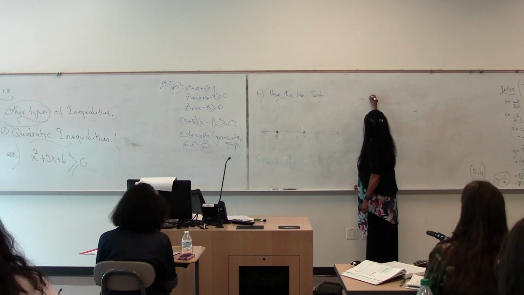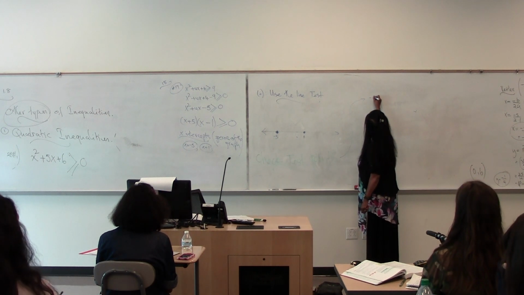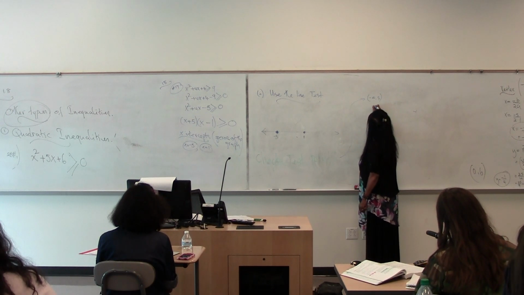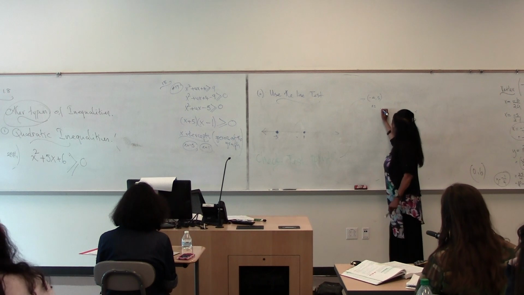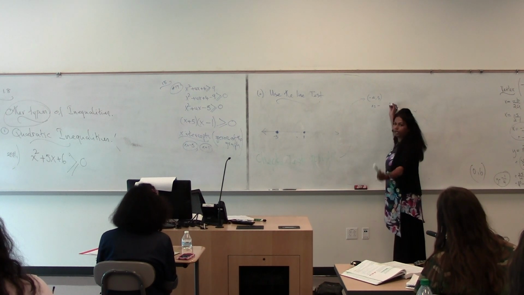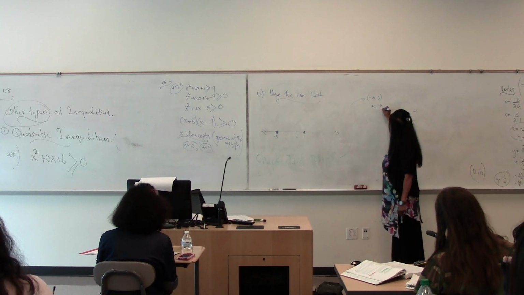So there are 3 cases. -∞ to -5 in this case. What is x equal to? Any point you can pick: -6 or -8 or whatever number, it's okay. Let's say -6.